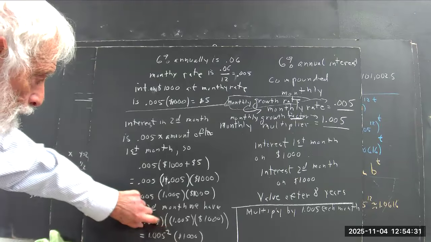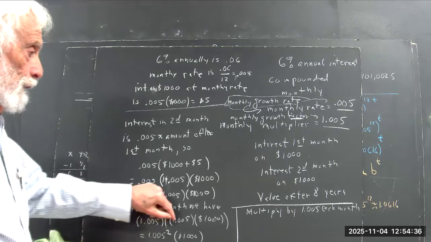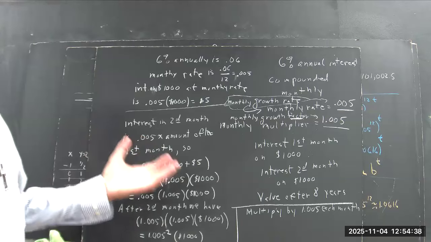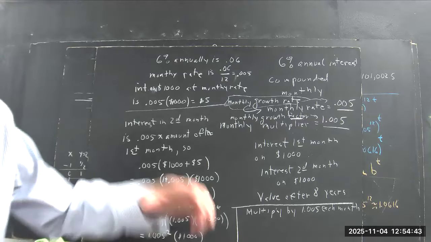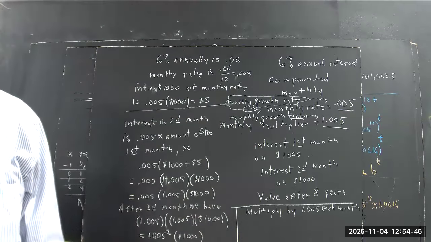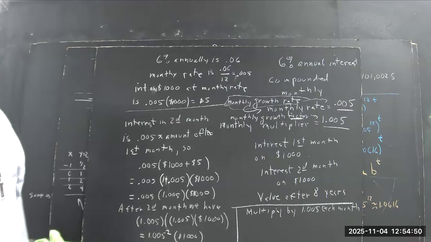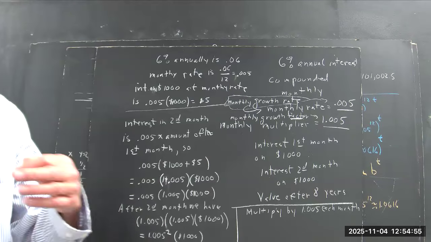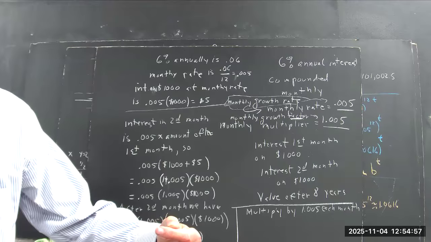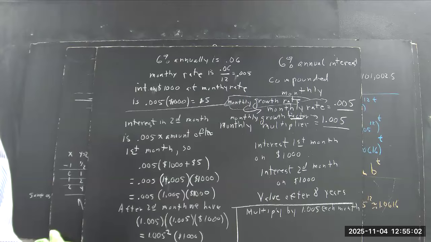How many times are you going to multiply by 1.005 in 8 years? Well, you're going to multiply 8 by 12, right? You've got 12 months in a year, 8 years, 96. Good. Very good.